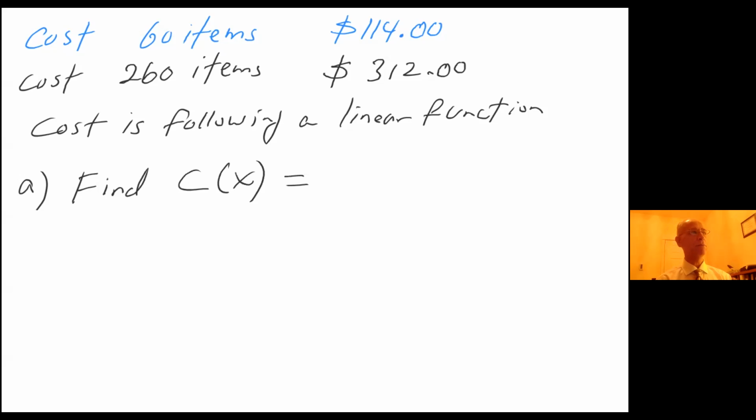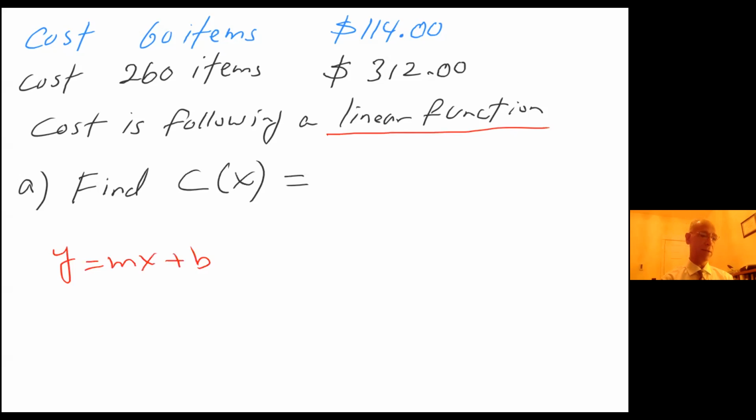So far we know that for 60 items, the cost is $114. For 260 items, the cost is $312. And the helpful hint here is that we know we are looking for a linear function, which is y equals mx plus b.